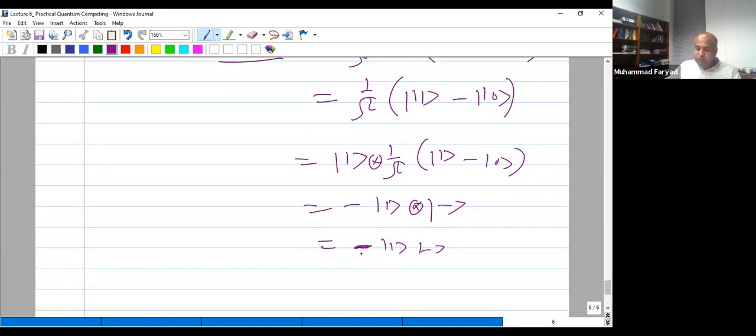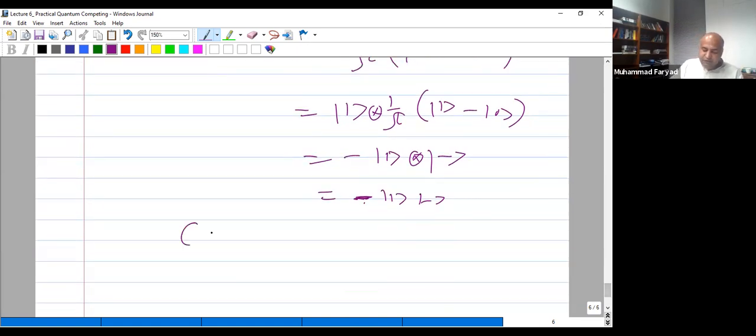And we can think of this phase as with 1 or with minus 1, it doesn't matter because it's a global phase in this case, if this is the only input. So similarly, if we have an operation like this, 0 minus 1, this will remain 0 minus 1 because this is in 0 state.